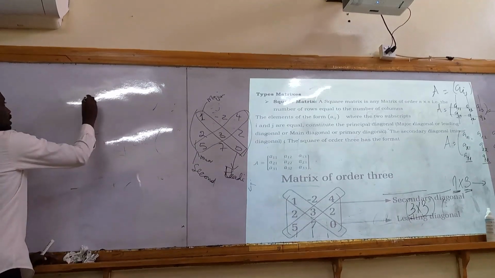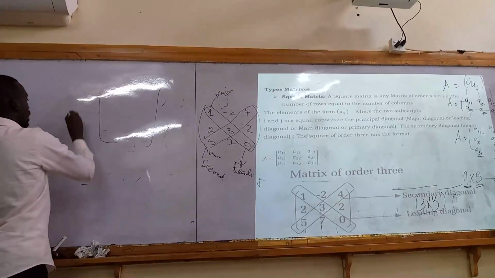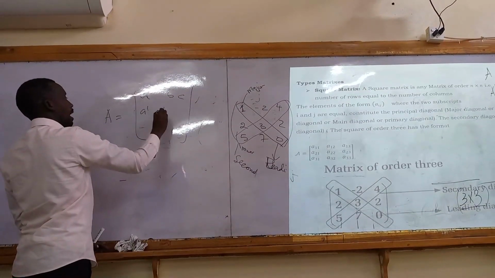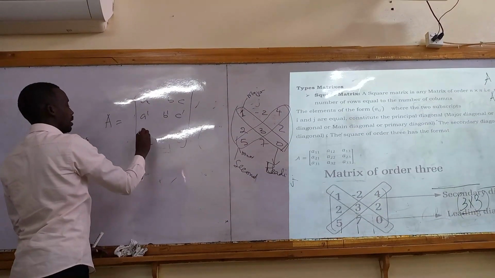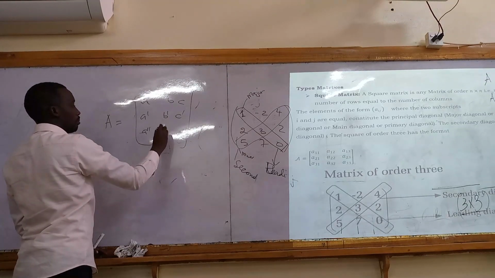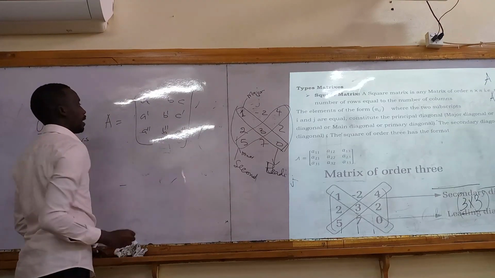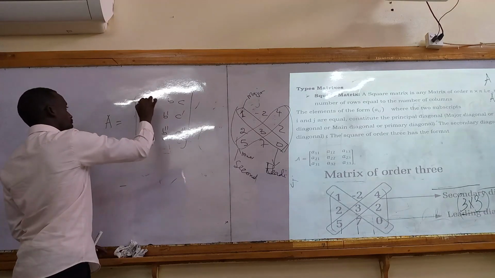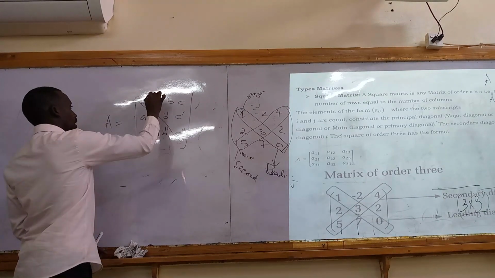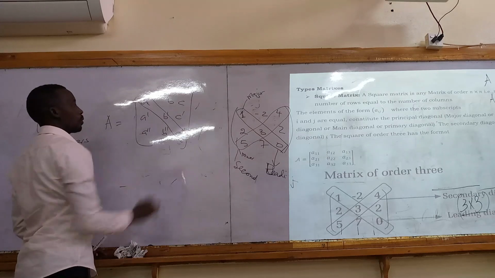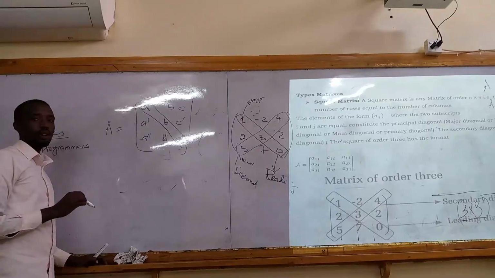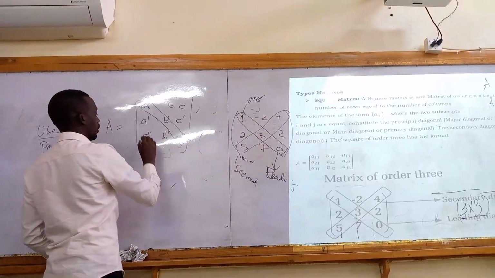So we have this matrix here. We have our matrix A, which is a, b, c; a prime, b prime, c prime; a prime prime, b prime prime, c prime prime. These elements here are the elements in the major diagonal or the leading diagonal.